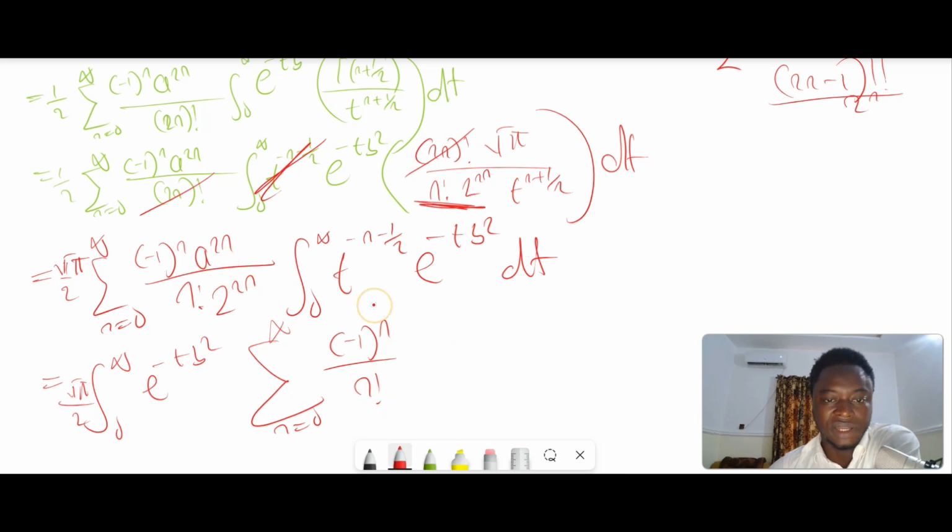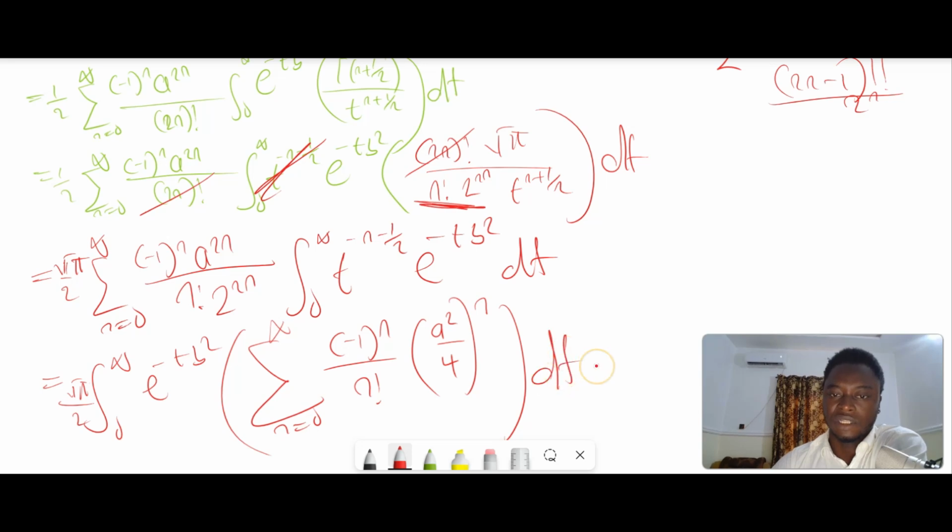Then for this case you have a squared over 4 to the n power. Yes, so you have a dt. Notice that this sum here, I think I'm missing something though.